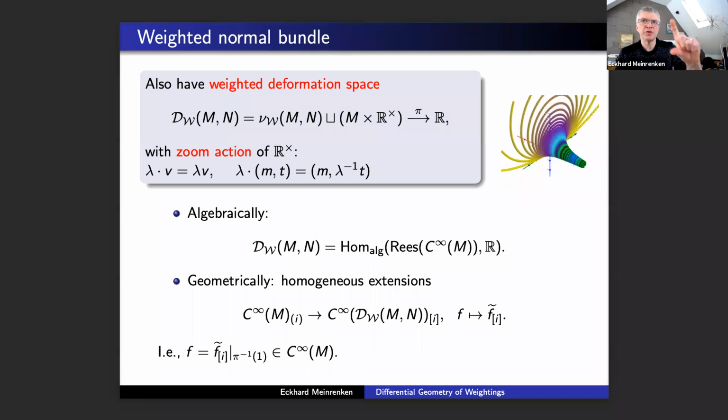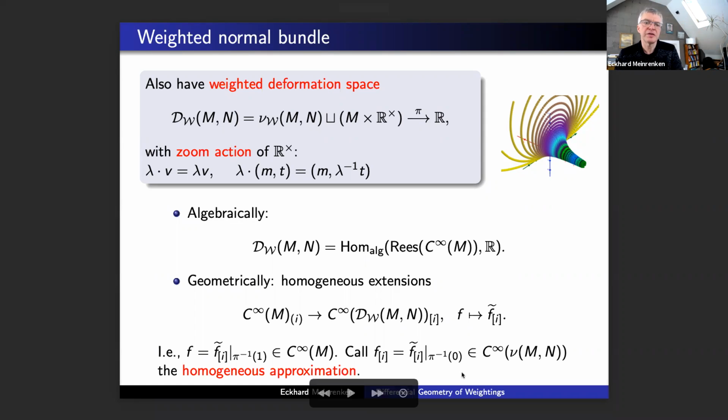You put your function at the fiber at t equals 1, and then you extend by homogeneity, and the claim is that it extends even to t equals 0. That's the non-obvious part. There's then a restriction to t equals 0, and this plays the role of an approximation of your function in a weighted sense. So this is the homogeneous approximation.